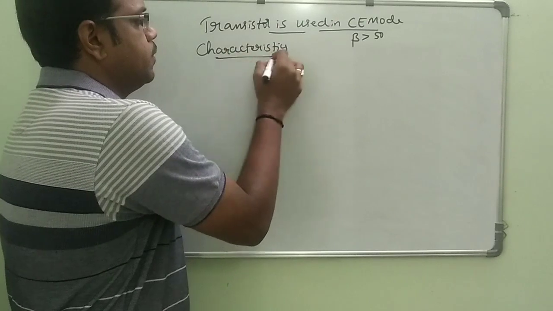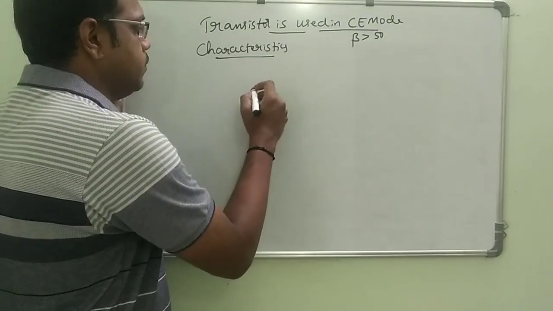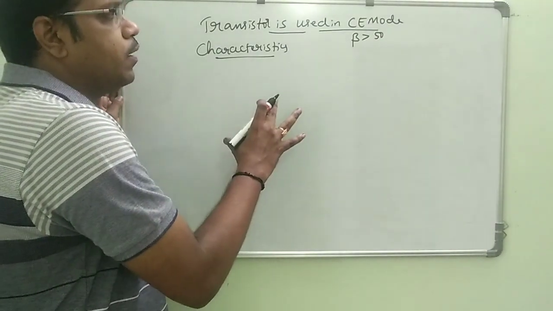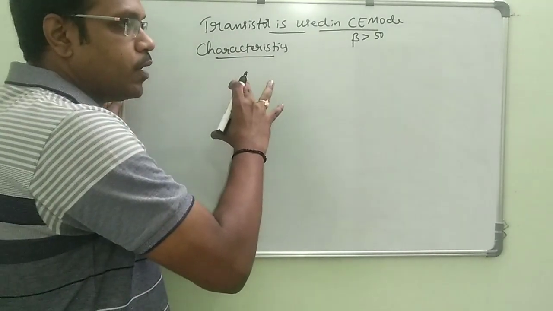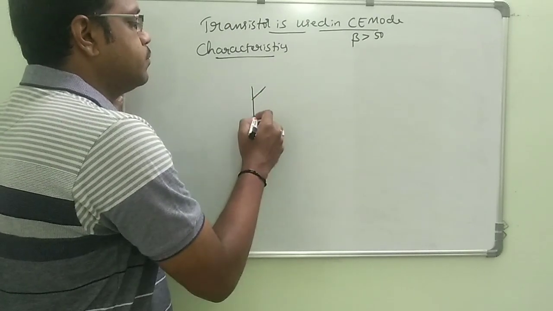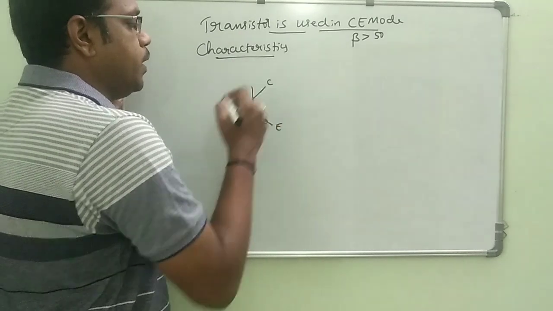I'll draw the circuit diagram. By seeing that, don't panic. They may not give it, but sometimes you will see diagrams in this format, but it is very easy. So I am taking CE mode now: emitter, collector and base.